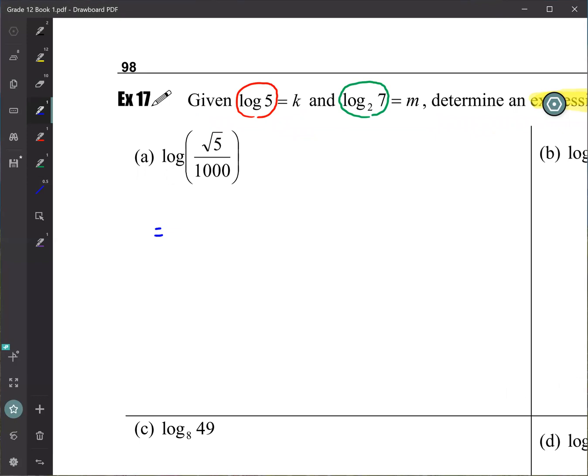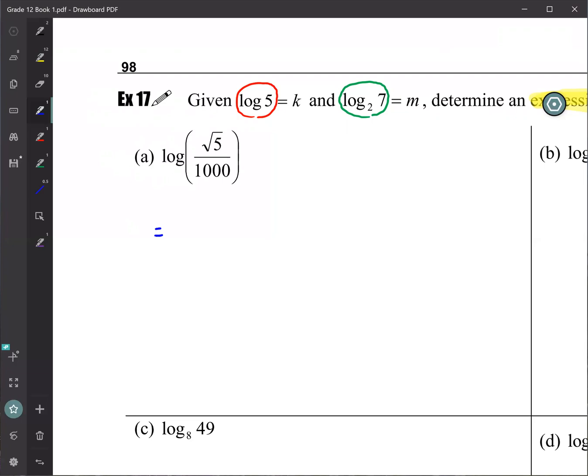Tiana, are you there? Which rule do you think we can apply first? What do you see in the bracket? Quotient, right? Yeah. Inside the bracket, you see a quotient.